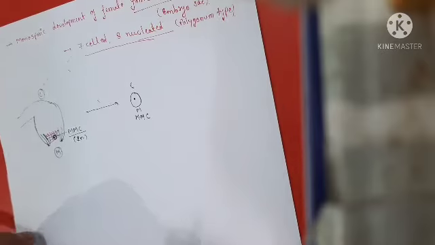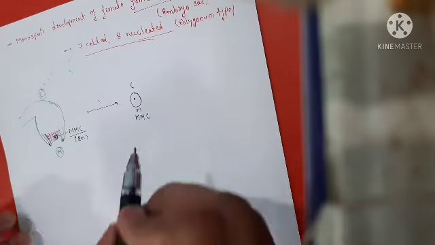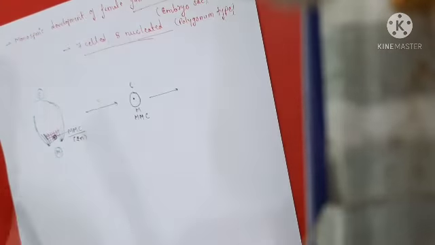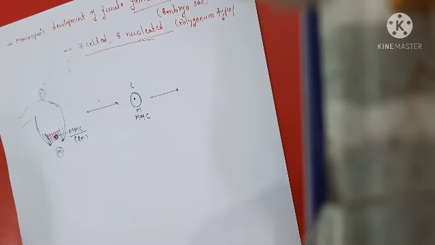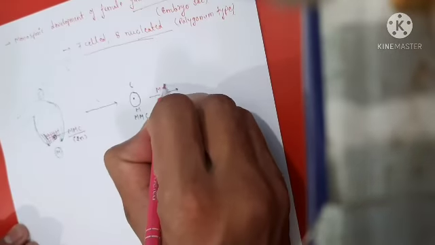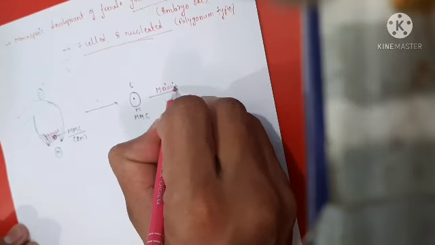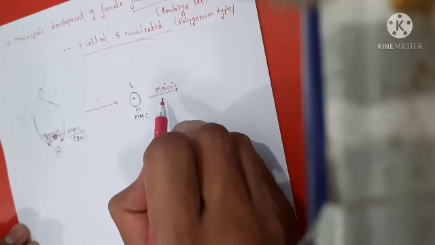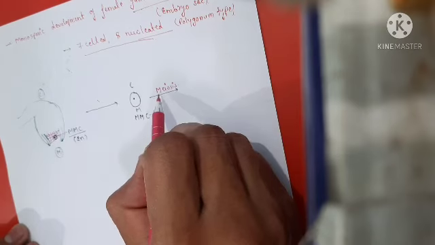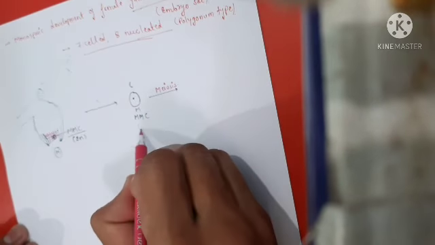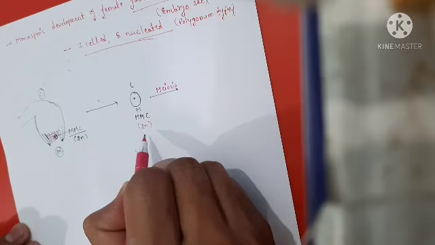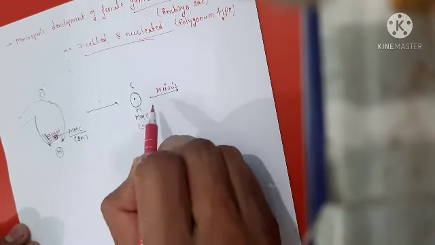Okay friends, so after that what happened? After that meiosis takes place. Why meiosis, why not mitosis? You know very well that if a cell is diploid, means 2n, then always meiosis takes place.